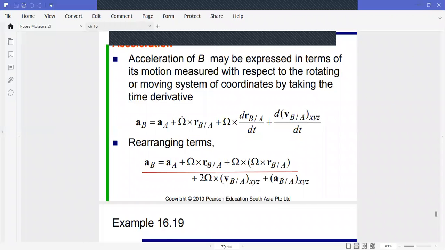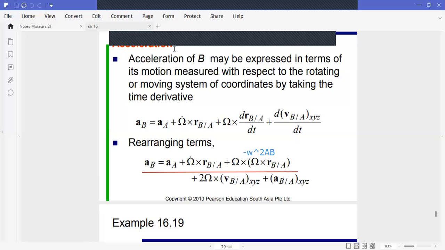This is alpha vectorial AB, and this term, if you do the expansion, will give you minus omega squared AB, where omega and AB are vectors. This is the same one we have seen before. It will give you the acceleration of the point on the rigid body: a_A plus alpha vectorial AB minus omega squared AB.